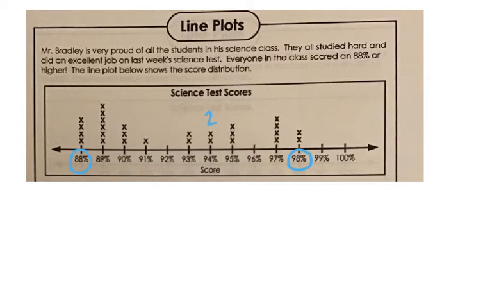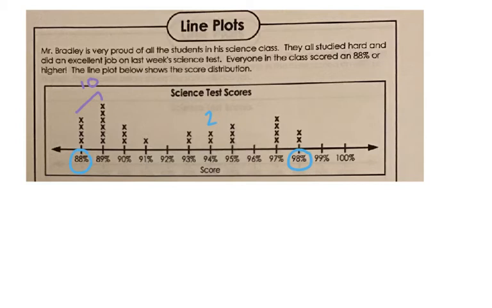So how many students received a score in the 80s? To answer this question, you have to add together the amount of people that scored an 88% and the amount of people that scored 89%, and that is 10.